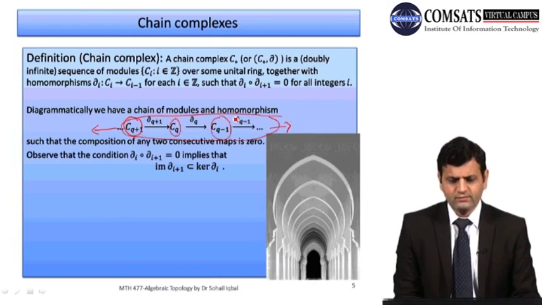In particular we will be interested in Z modules or free abelian groups. So in our case these C_n are Z modules or free abelian groups.